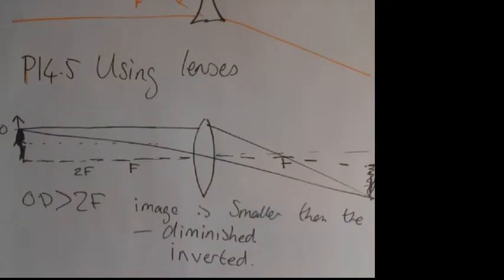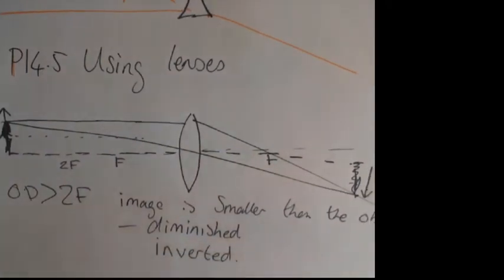Okay, so the next one is what happens if the object is much closer. If the object is much, much closer, then you're going to get something else happen. So let's draw my lens again.